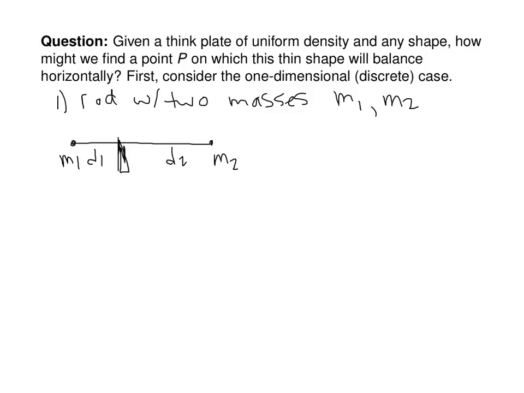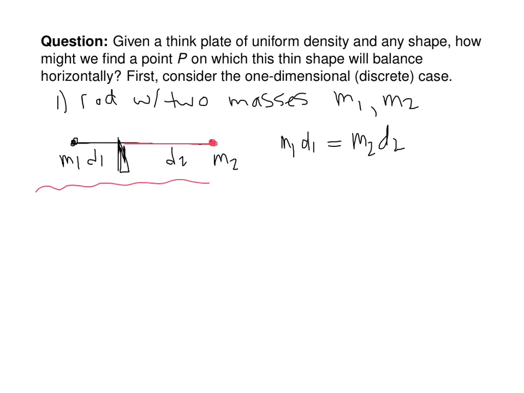And in order for this thing to balance, what has to happen is that M1 times D1 has to equal M2 times D2. That is called the law of the lever, and was discovered by Archimedes. So the mass of the object at this end times its distance from the fulcrum must equal the mass of the object at that end times its distance to the fulcrum.